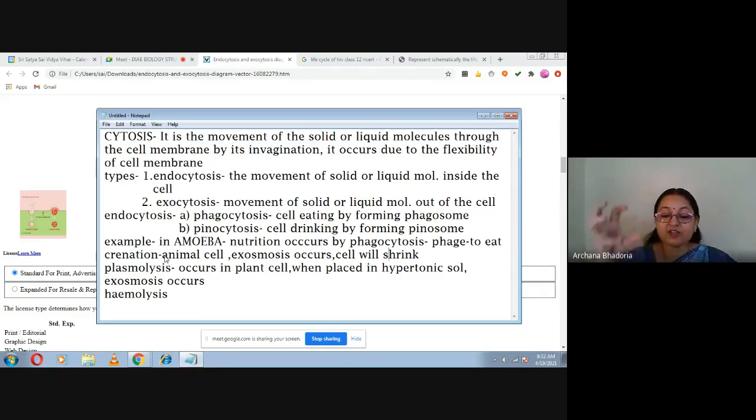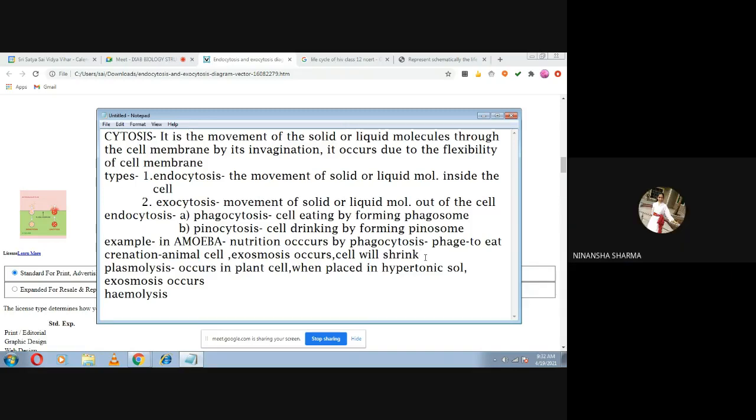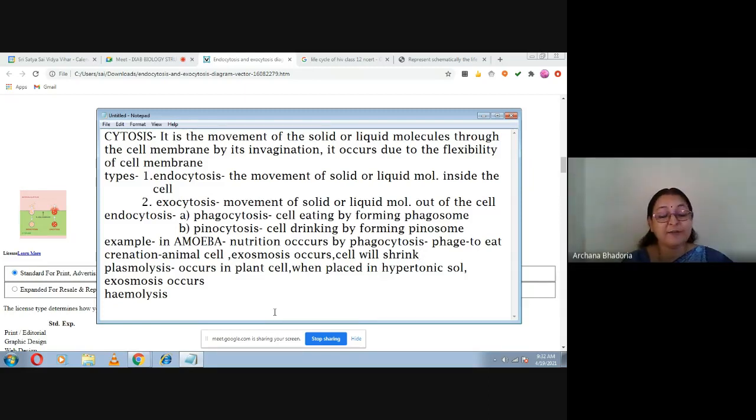When the cell shrinks and becomes a complete star shape, you call it crenation. So crenation will be seen only in animal cells. A plant cell has a cell wall, so its shape does not change. Is it clear? Yes, ma'am.